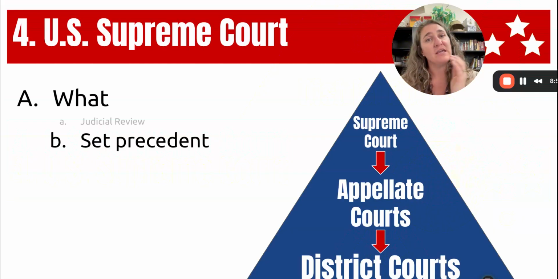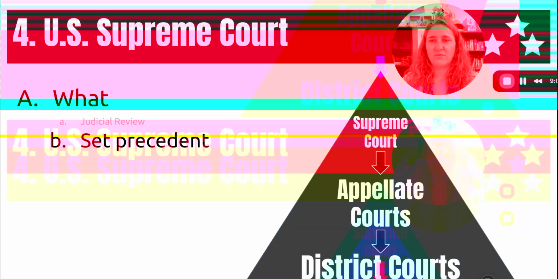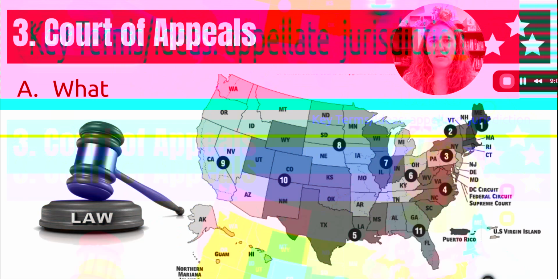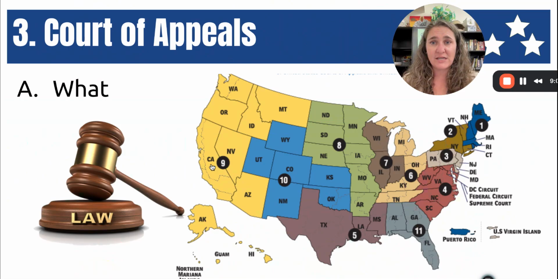It's important to note that the appellate courts also set precedent, but they only set precedent in their district. If you remember, let's go back a couple slides here to our image of the districts. If, let's say, the Ninth Court of Appeals makes a decision, that decision sets precedent, but only in the Ninth District.